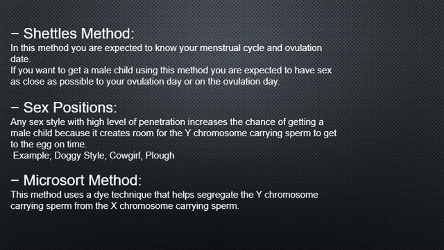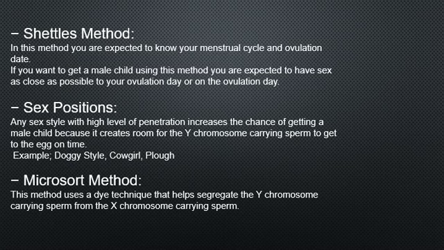Then for the cowgirl, the man or the penetrating partner lies on their back while the receiving partner squats on them. You can also google it to see what the picture looks like. Then the plow style, the female partner has to support herself on her elbows closer to an edge. The rest of her body weight is lifted by the male partner during penetration.